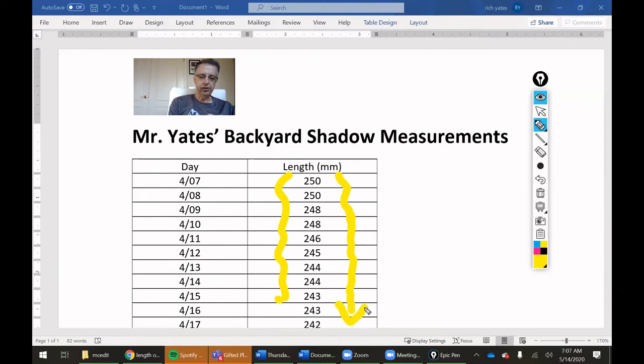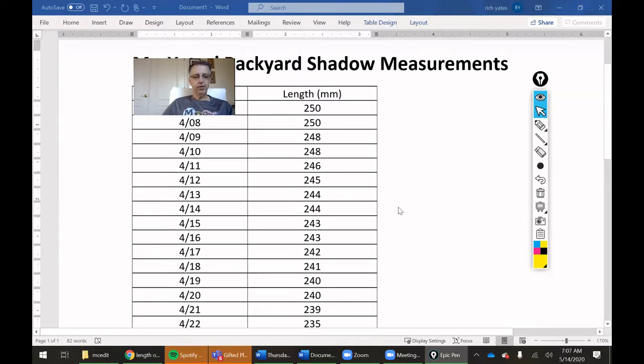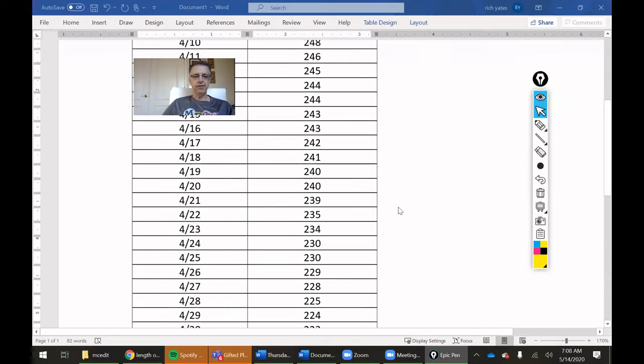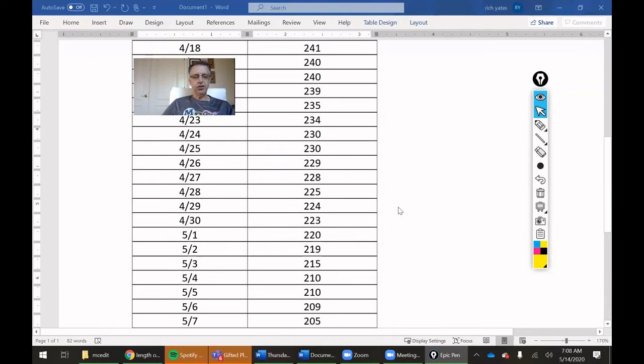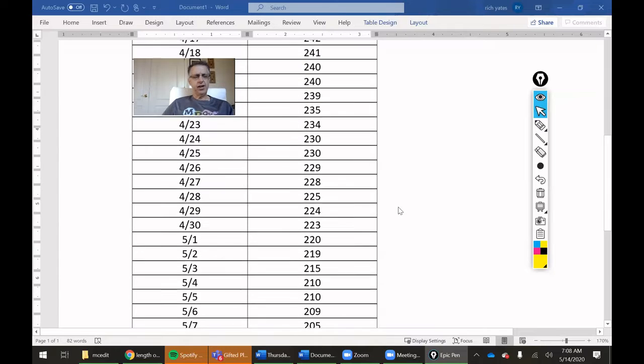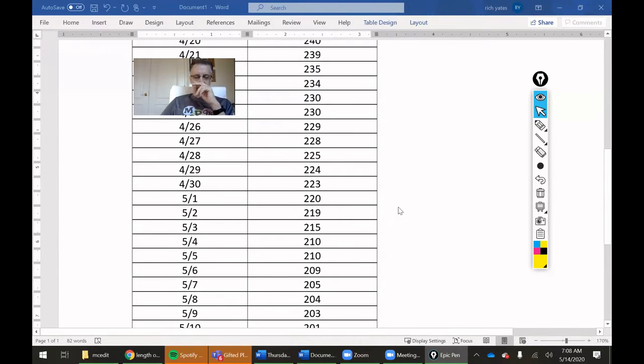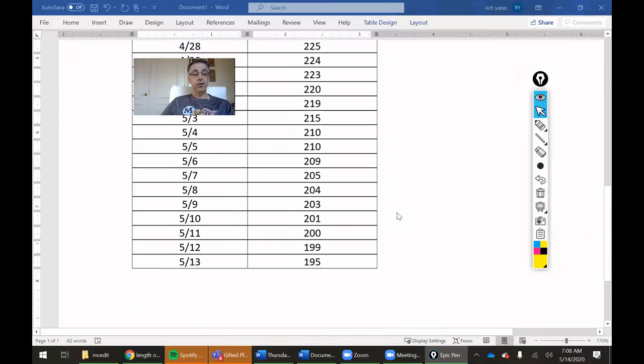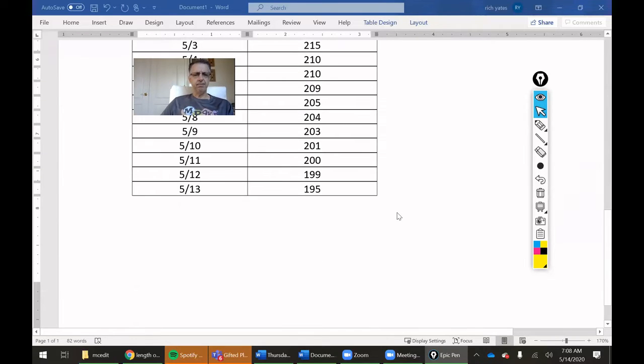I want you to look at it as it goes along day by day. You should have quite a few days of measurement here, and as you go along, you should notice something. Look and see on your own chart: are the numbers getting smaller, or getting bigger, or staying the same?